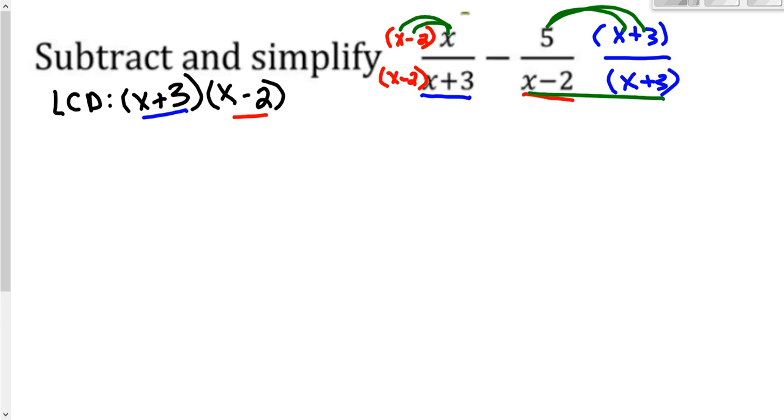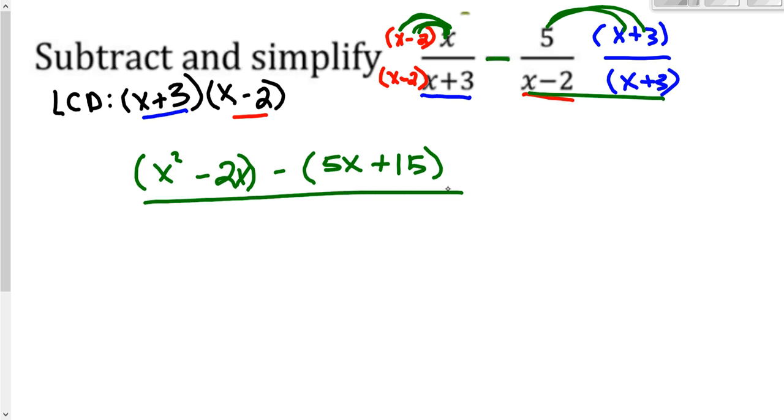So I'm doing x times x, which is x squared, and negative 2 times x, which is negative 2x, minus 5 times x, which is 5x, and 5 times 3, which is 15, over our LCD, which is x minus 2 and x plus 3.